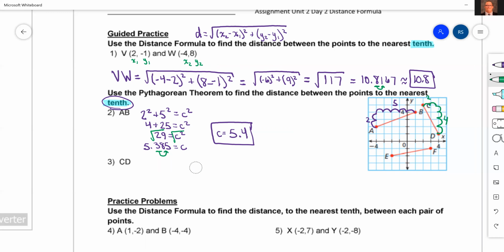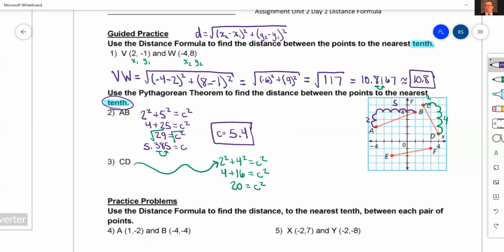Actually, let me do this over here so it's not running into that other one. 2 squared plus 4 squared, C squared. 2 squared is 4 plus 4 squared is 16 equals C squared. 4 plus 16 is 20.